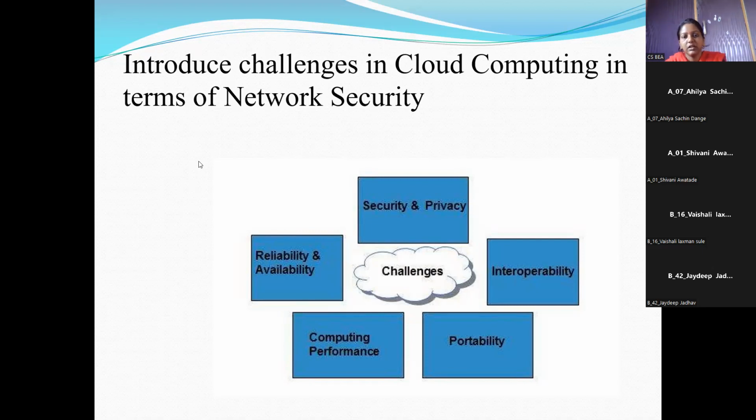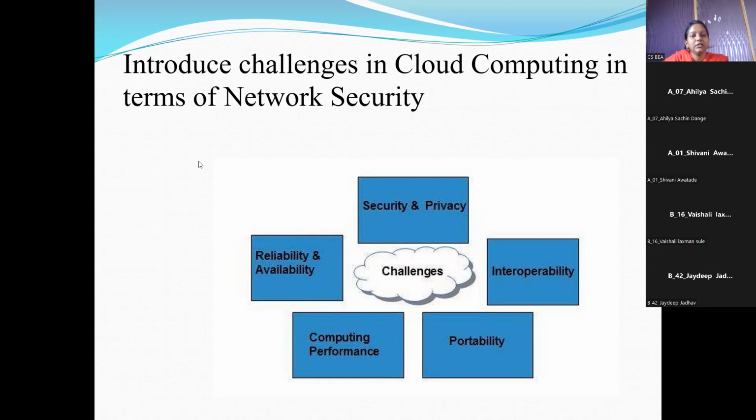Whatever the security encryption techniques, whatever the different security hardware, security applications there are, and how you are going to use it and tackle with it, that needs to be properly studied.